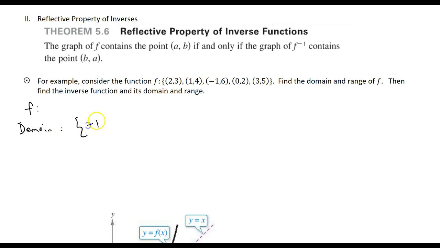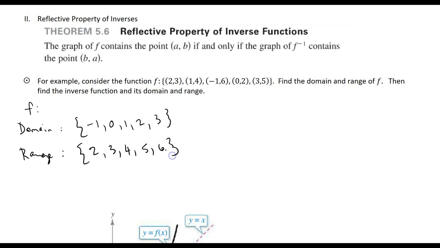So that'll be negative 1, 0, 1, 2, 3. And the range would be the set of all y values. So I would have 2, 3, 4, 5, and 6.